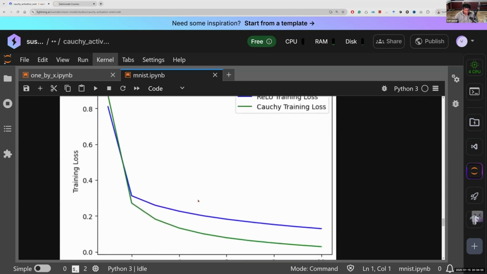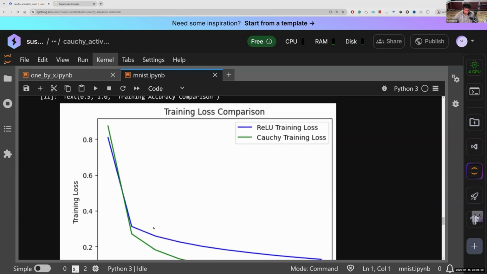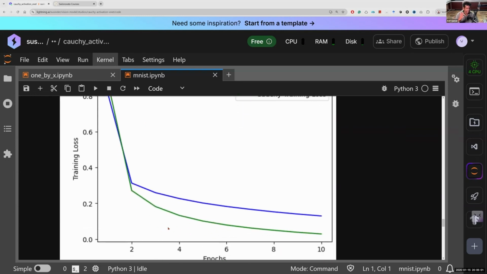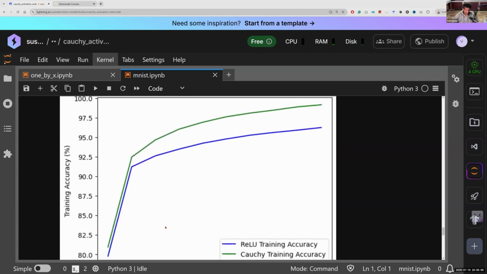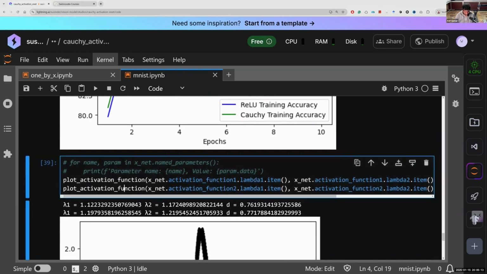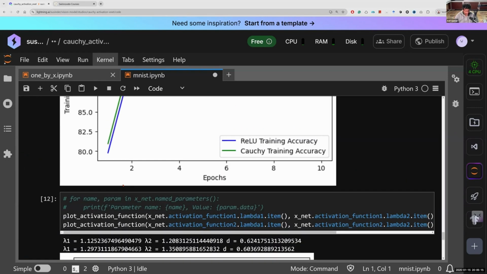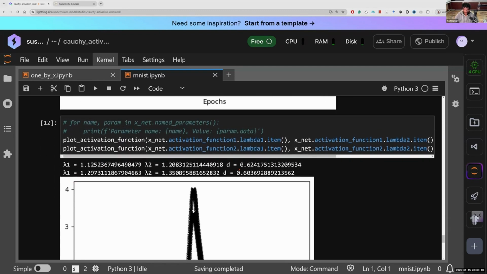So here is how the training loss evolves with time for the ReLU and the Cauchy. If you compare against the original author's paper, you will pretty much see the exact graphs there. So we have basically reproduced those exact same graphs. And at the end of all this training, we can plot and see what the final values of lambda 1, lambda 2, and D that we got are.